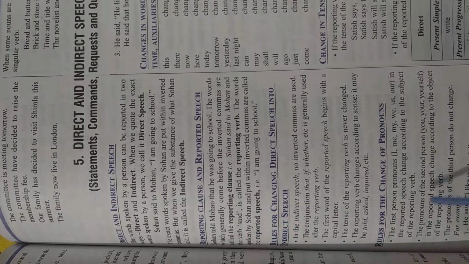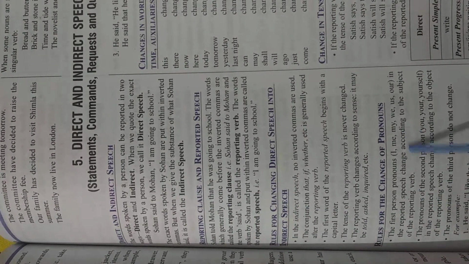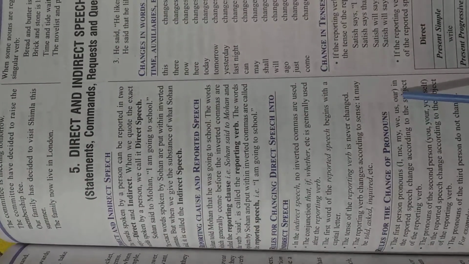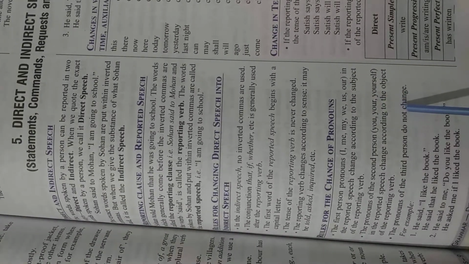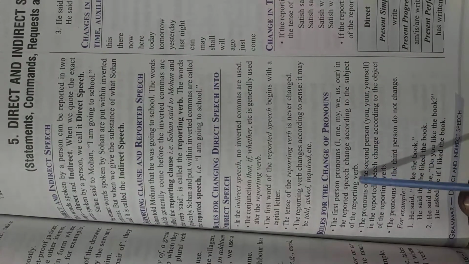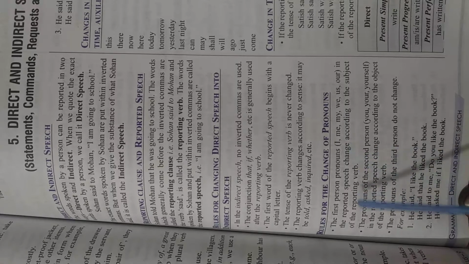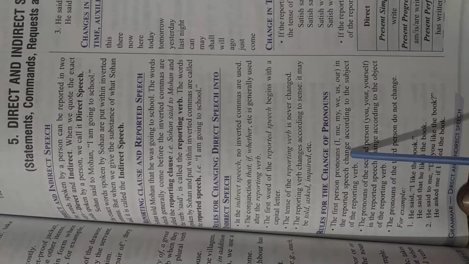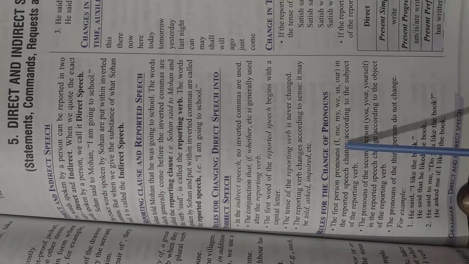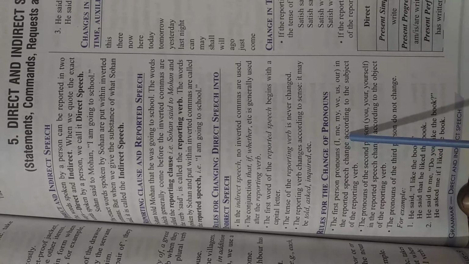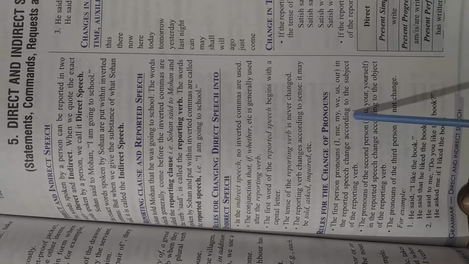Now, pronouns को change करने के लिए हम क्या करेंगे? Pronouns, that is I, we, you, they, us, all these are pronouns. So the first person pronouns कौन कौन से हैं? I, me, my, we, us, our, ours, all these are first person pronouns. We know it.